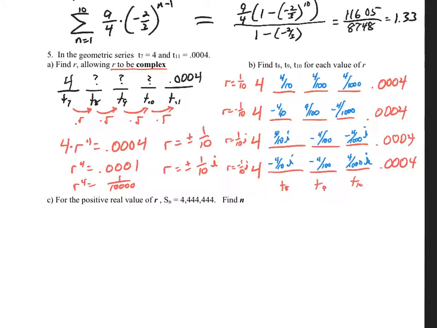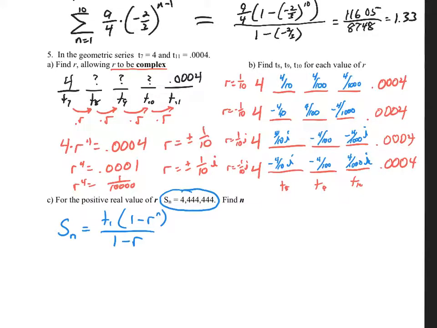And lastly, they're giving us the sum, and we want to know how many terms went into finding that sum. Okay, now, if you remember, for a geometric sequence, that is the sum formula for a geometric series.